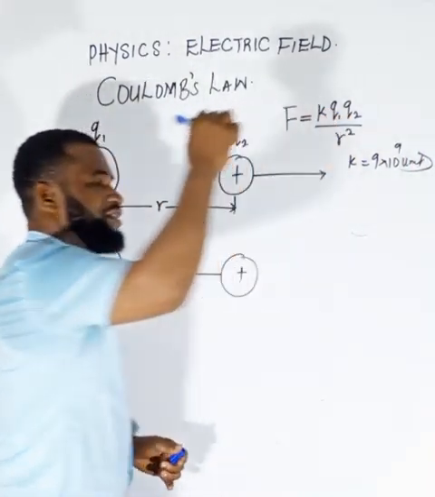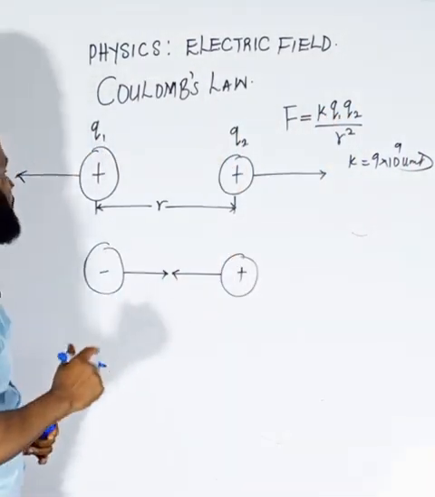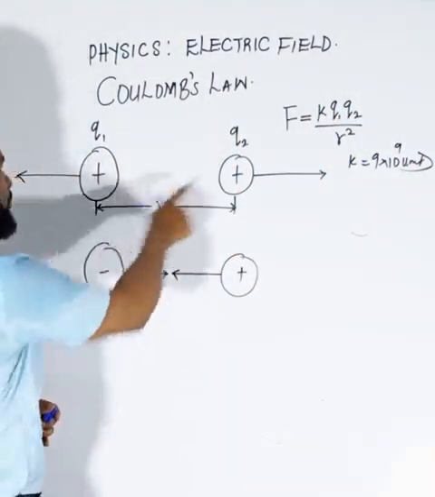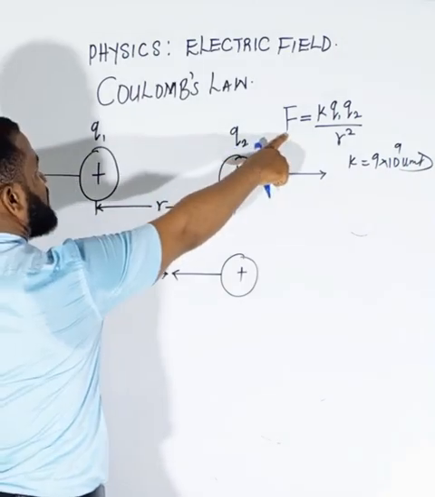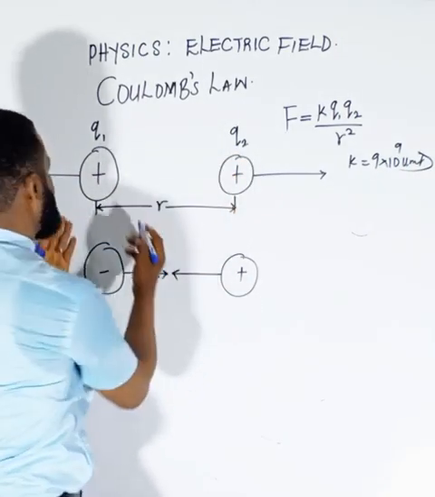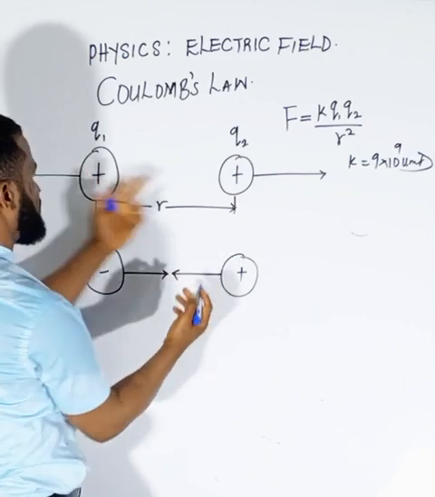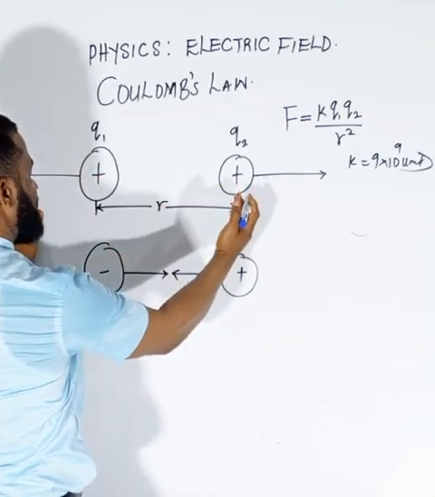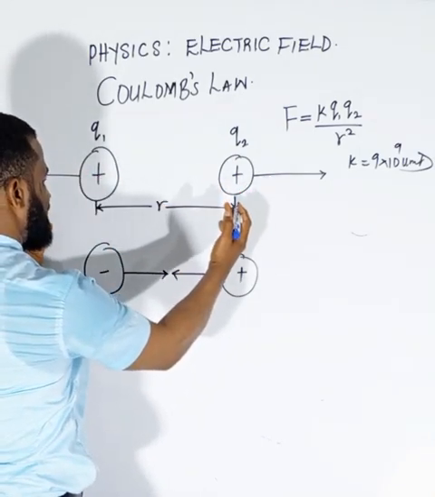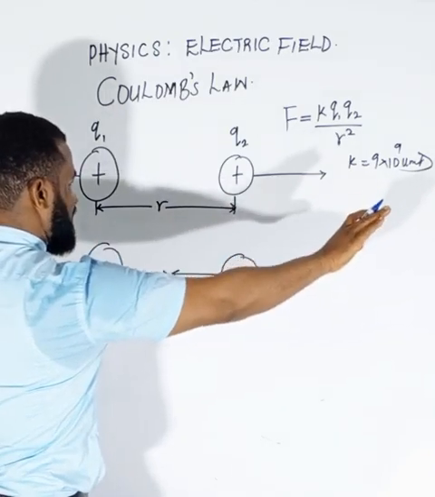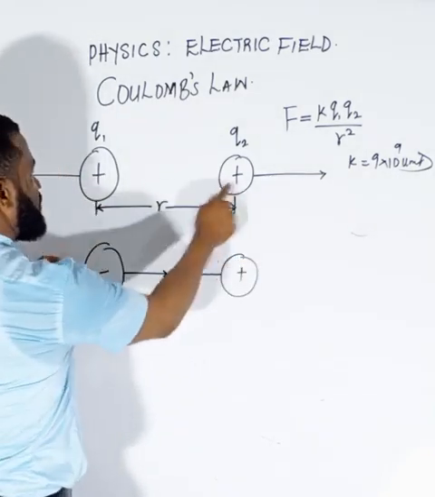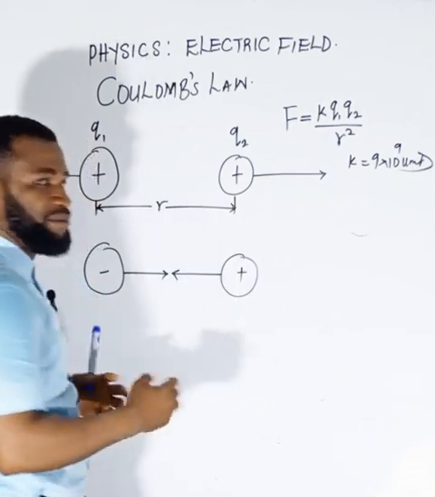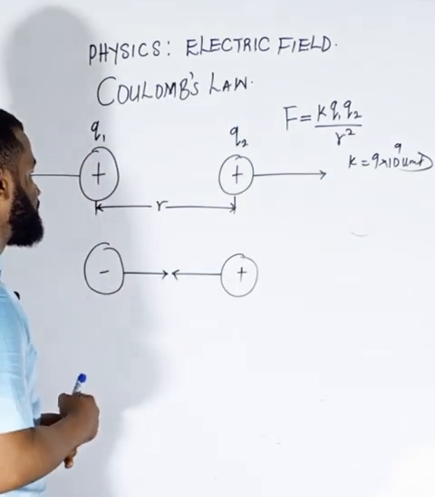Now, in this case, there is something about this force. The force you are seeing now is not just one. Sometimes when we look at electric field, these are two positive charges that are repulsing against each other, because there will be a repulsion between positive and positive.